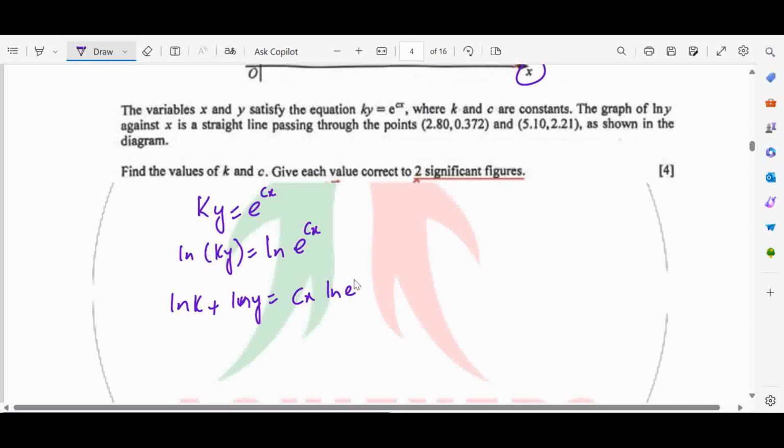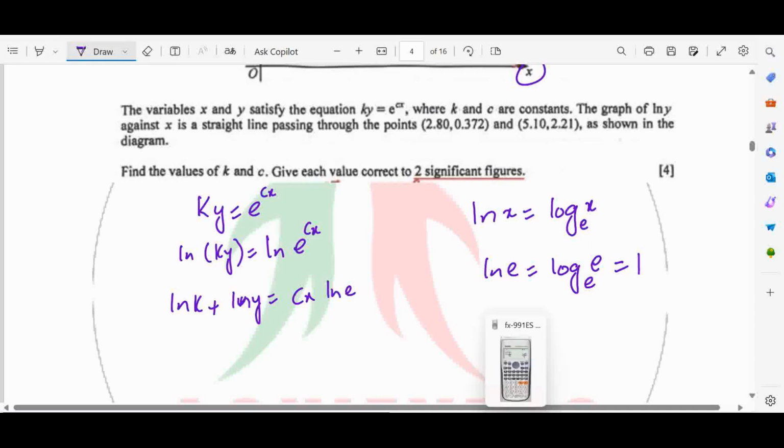Now natural log of e will be equal to 1, because we know that natural log of x is basically log of x to the base e. That is why natural log of e means log of e to the base e, which will be equal to 1.